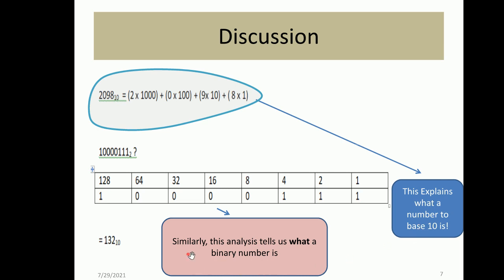And similarly, this sort of analysis tells us what a binary number is. So each of these digits represents a particular power of 2, and if I wanted to convert this number to decimal, all I have to do is say it's 1 times 2 raised to the power of 7, and so on and so on, and that'll give me the decimal equivalent.